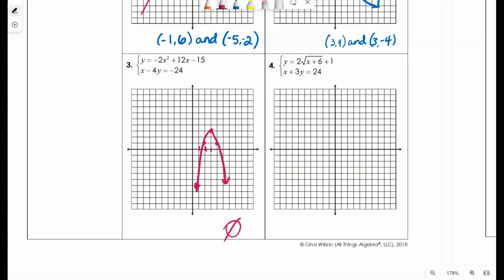But then our line had a y-intercept of 6: 2, 3, 4, 5, 6. Right? And as it continued, it looked like this. So we did in fact have no solution.